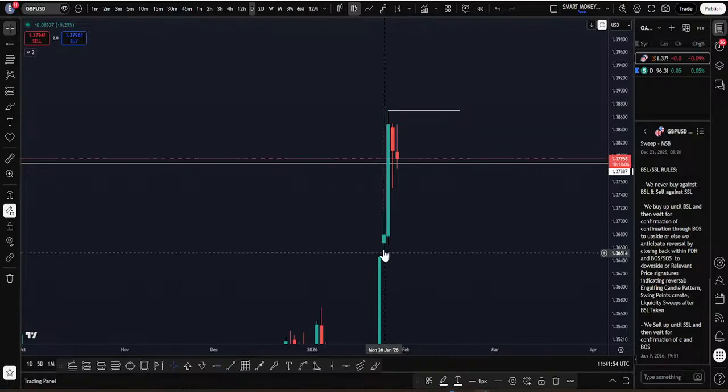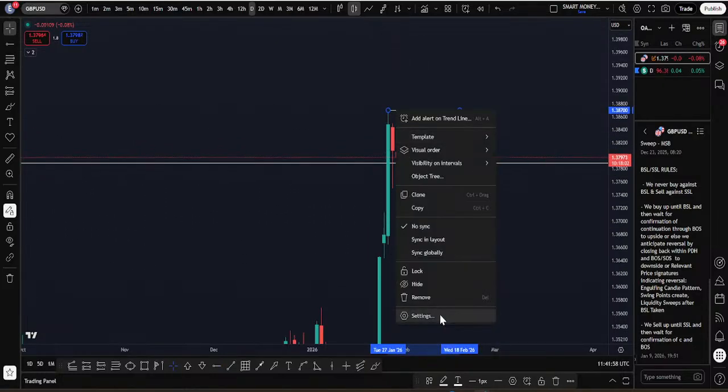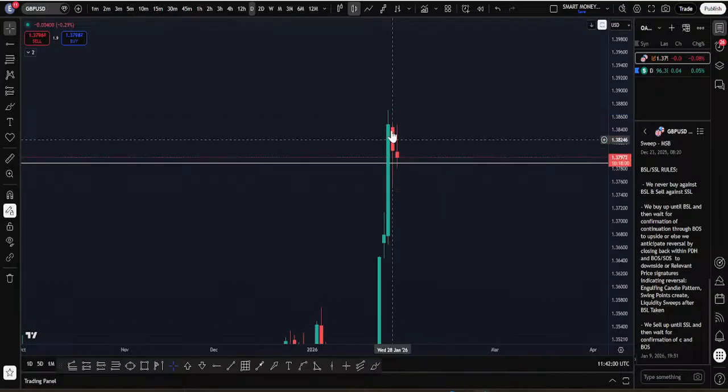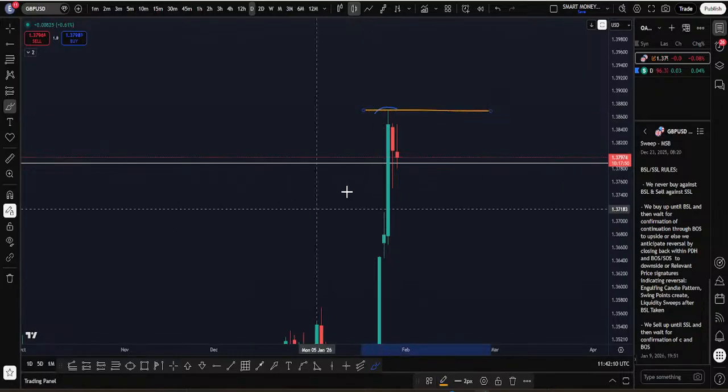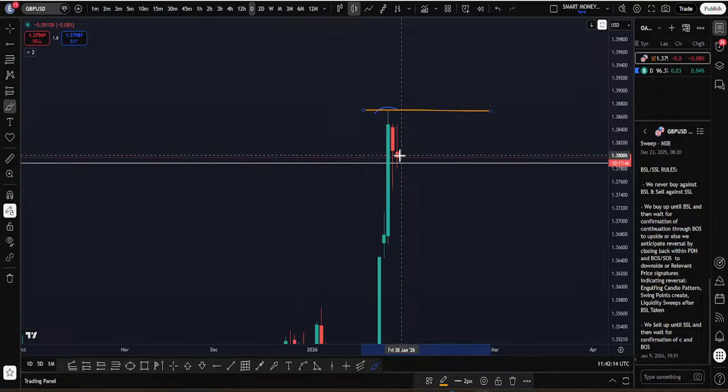The daily, after closing beyond this level, has now put in another candle, which creates a daily swing high. All right. So price has created some form of structure here. For me to see that price wants to continue, we'll need to break through this level to continue higher.